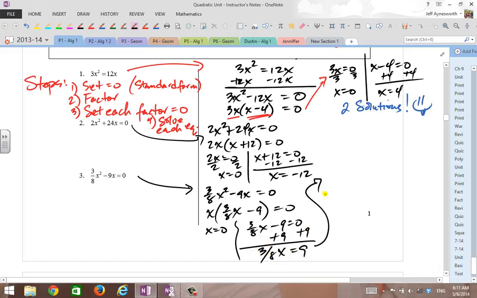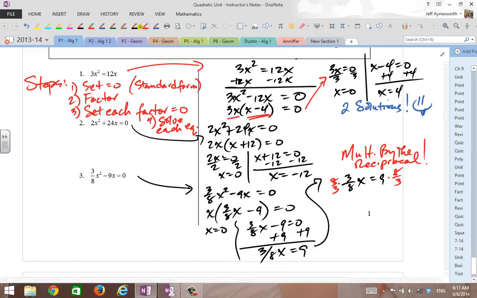I'm going to take it up here so we can have some more room. 3/8 x equals 9. I'm going to multiply by the reciprocal. So times 8/3, times 8/3. This is called multiplying by the reciprocal. You guys have seen me do that a long time ago in our equation solving.